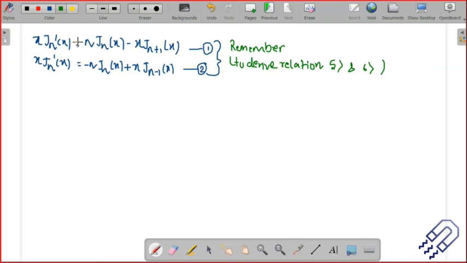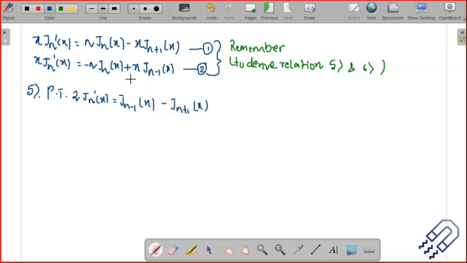If you want to do that, it's very simple. Let me just tell you what we have to derive. The fifth relation is that 2 times K n dash x is equal to K n minus 1 x minus K n plus 1 x.